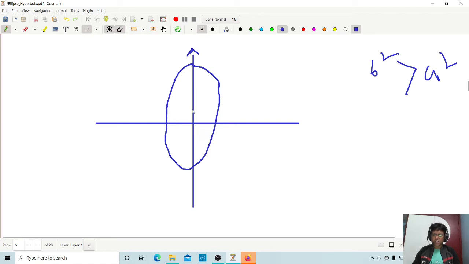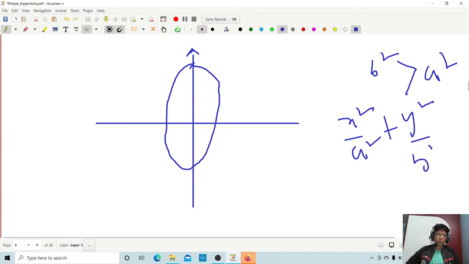So your major axis is actually twice b units, and the minor axis is twice a. So in this case, x squared by a squared plus y squared by b squared equal to 1, provided that b squared is more than a squared. The foci will be on the y-axis, so all the information will change.